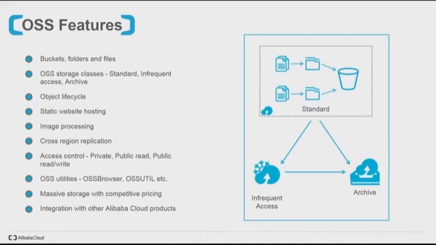So different storage classes are available. And OSS definitely integrates with other Alibaba Cloud products like ECS, NAS, and RAM, which is Resource Access Management, the security product from Alibaba Cloud. So it integrates with all major Alibaba Cloud products.